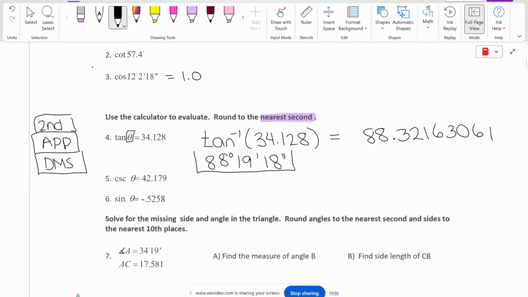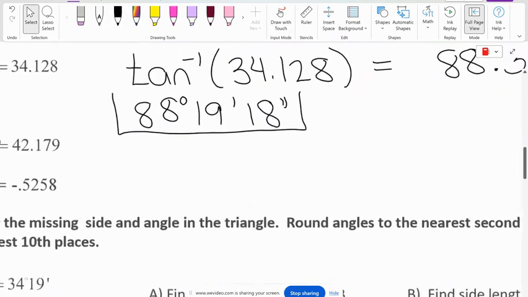All right, number 5's the tricky one here. It's tricky because we don't have a cosecant on this. So what we want to do, I'll show my work over here.